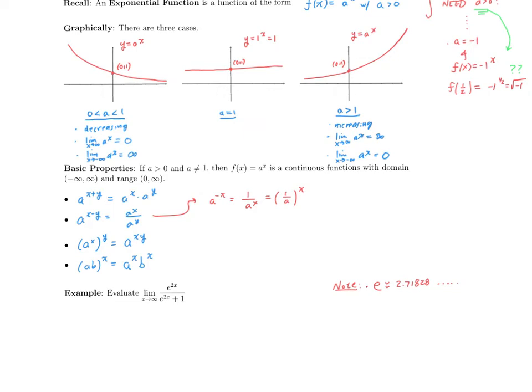With that in mind, we could make the observation that e to the 2x can be written as e squared to the x. And now this has the form of an exponential function. We have our a value equals e squared, which is most certainly greater than 1.